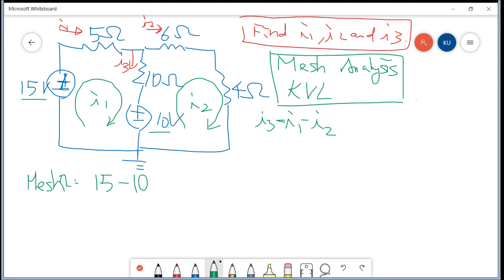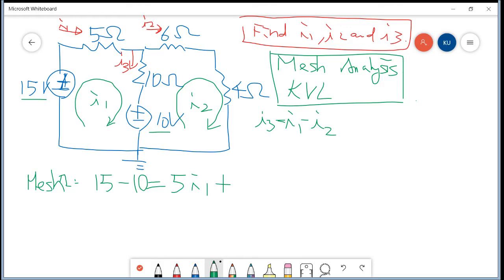Okay, so on the right hand side, let's consider the voltage drop due to the resistors. In this mesh there are two resistors. This is 5 ohm, and the current should be I1. So we have 5I1, and this is the 10 ohm resistor.